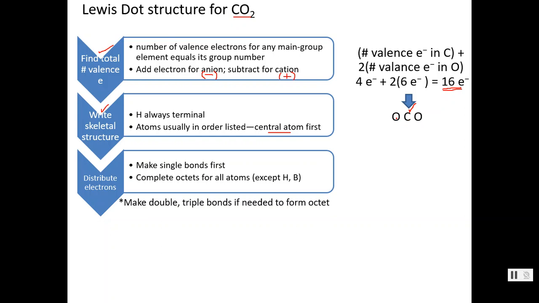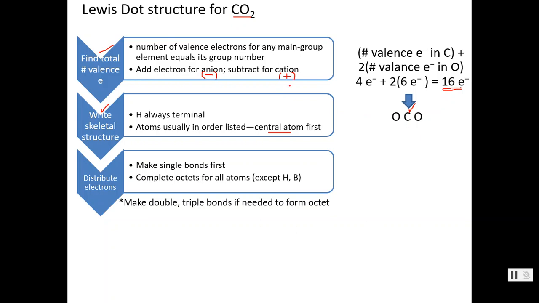In this case, I just put 1 oxygen here and 1 oxygen here. It doesn't matter if I put both oxygens on the left-hand side or the right-hand side, just as long as they surround the central atom, which in this case is carbon.